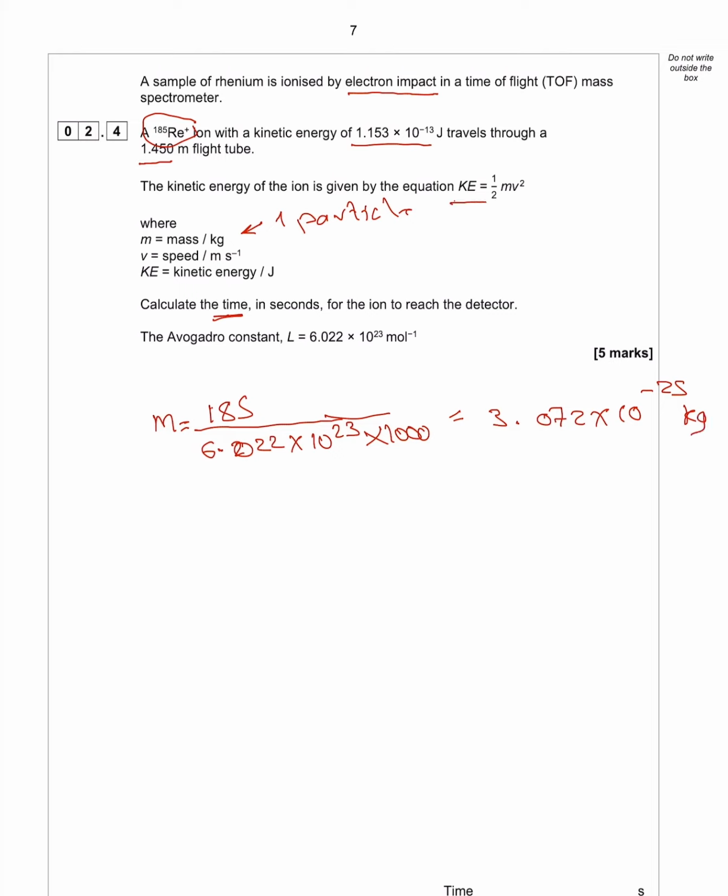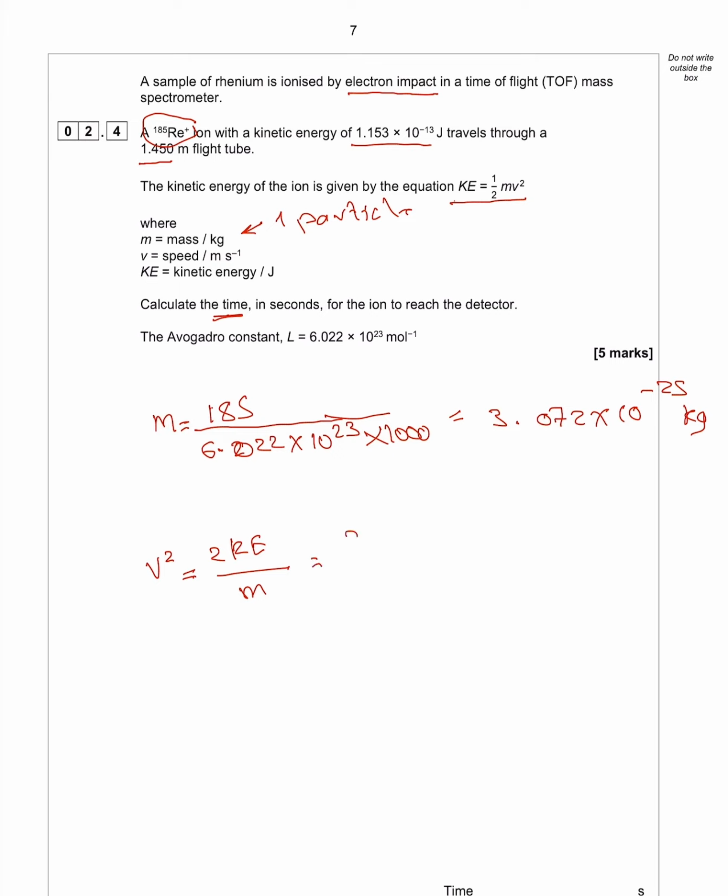Now you're going to use this equation. Because you want to calculate the time in seconds, you need to calculate the speed, or the v squared. So rearranging your equation, v squared will equal 2 times kinetic energy divided by the mass that we calculated in kilogram.